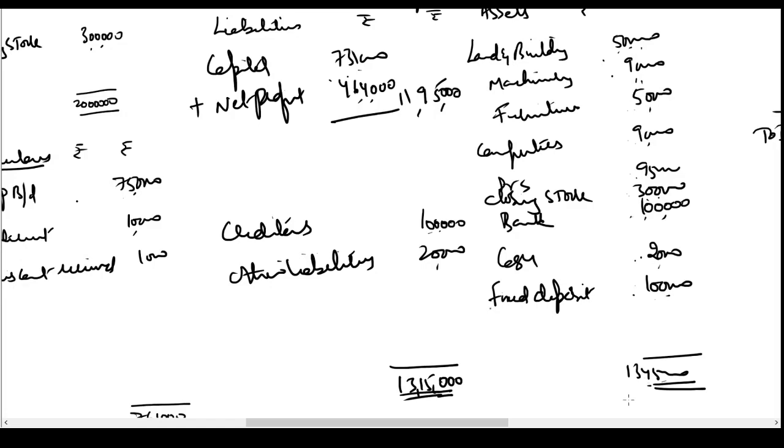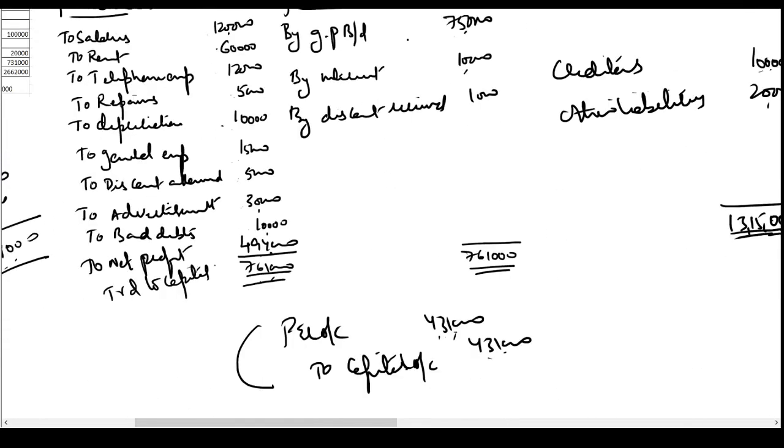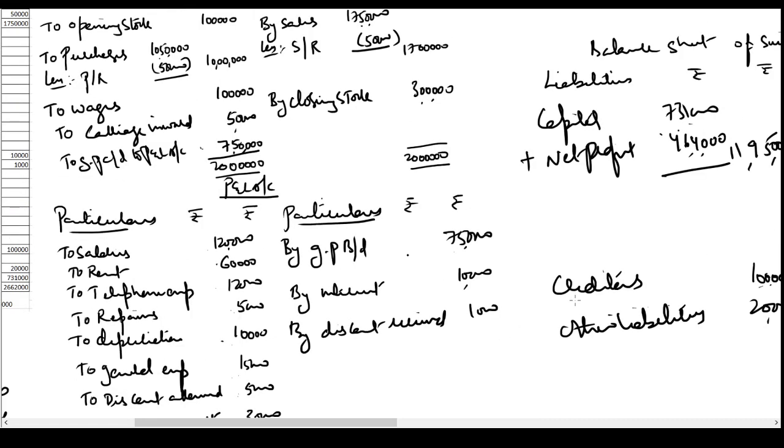Let us check where we have made a mistake. What is the total of the net profit? Sorry, the net profit is 4,94,000.